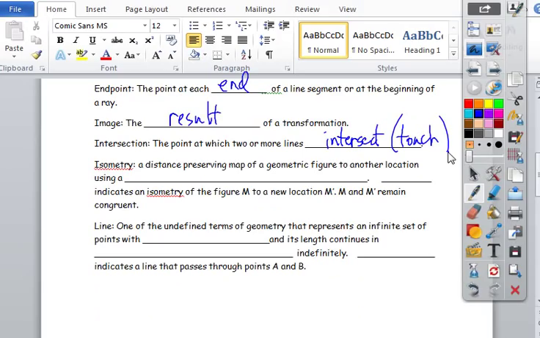Isometry, a distance preserving map of a geometric figure to another location using, there's three choices here. Rotation, reflection, or translation.